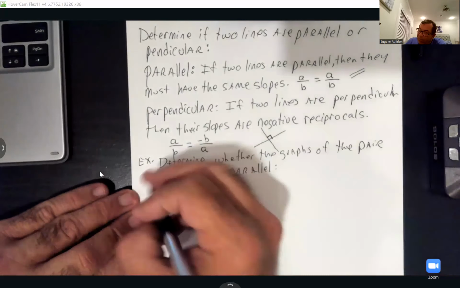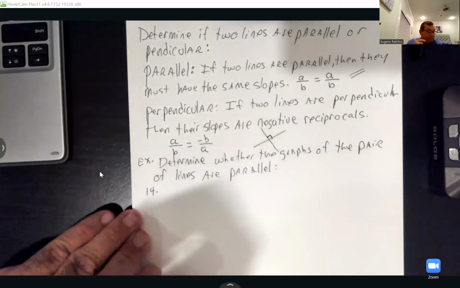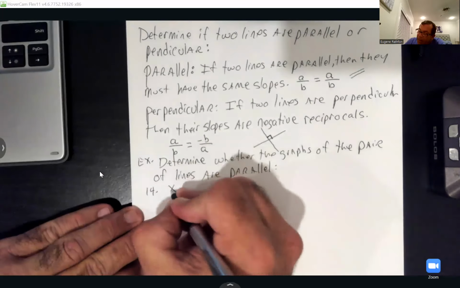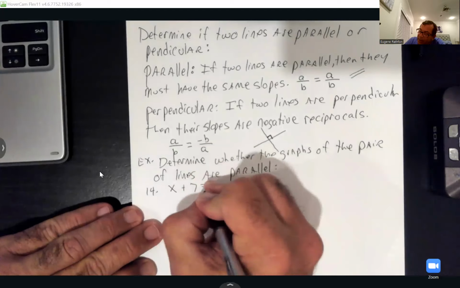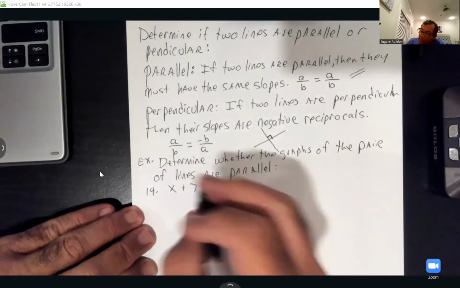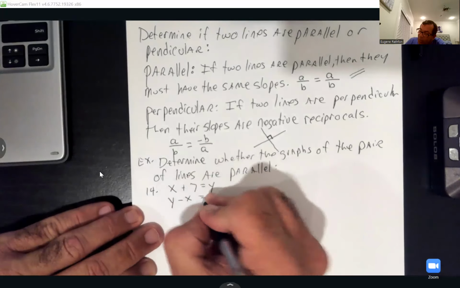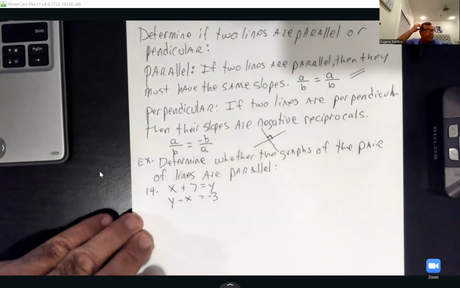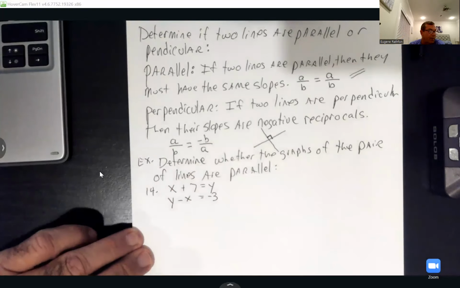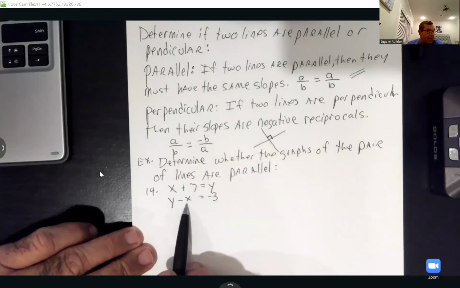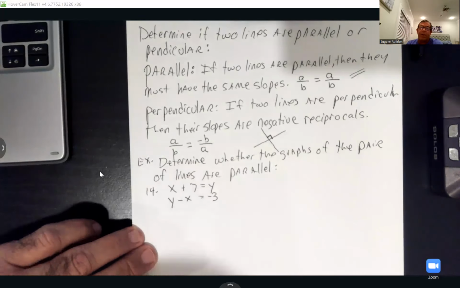So this is like number 14. So they're giving me x plus 7 equals y. Y minus x equals -3. So they want me to find the slope of the first line, find the slope of the second line, and then determine whether they're parallel.